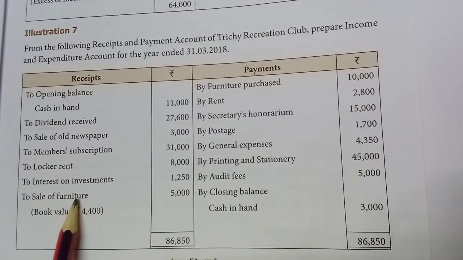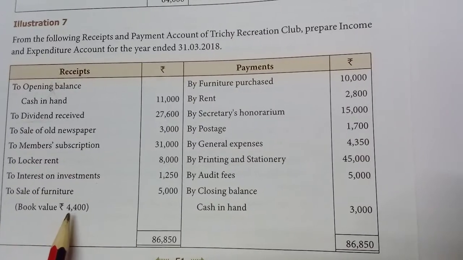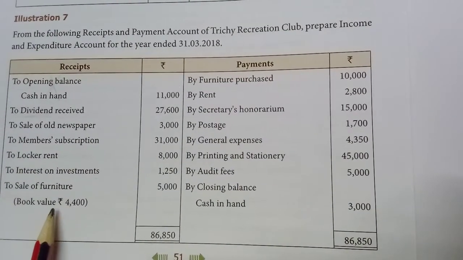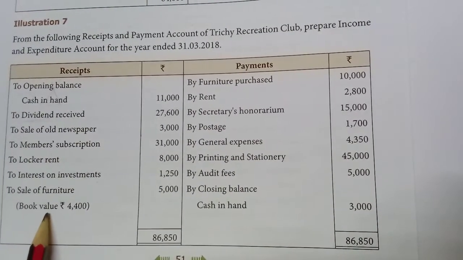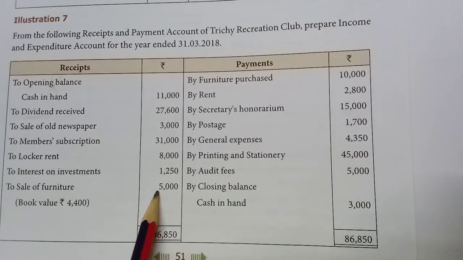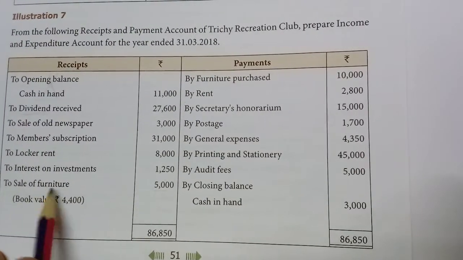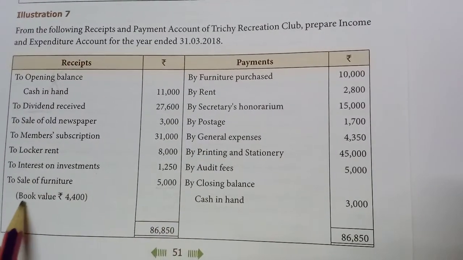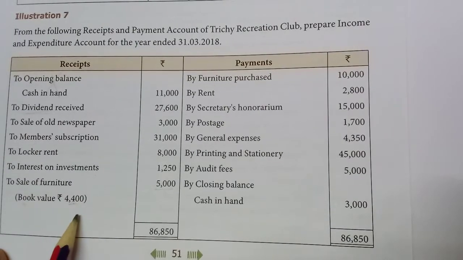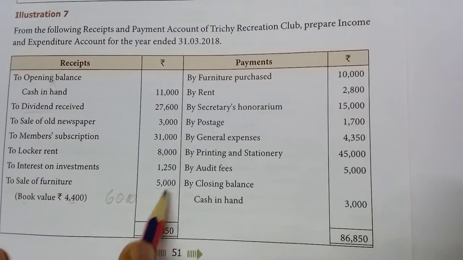But what we have learnt, profit or loss on sale of furniture should be taken. Here, what is given? Book value 4,400. How much have we sold it for? Actually 5,000. So book value is 4,400, and we have sold for 600 more.